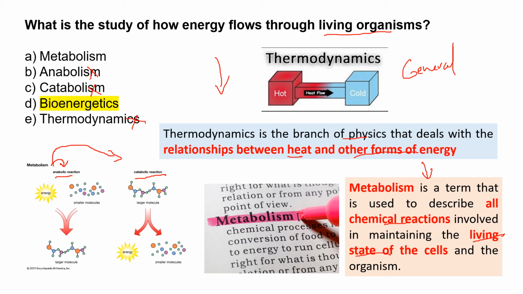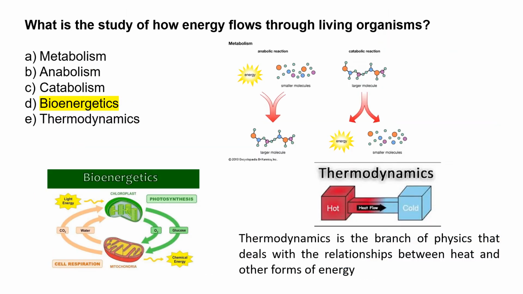However, the question asks for the study of the energy flow in living organisms. So it's the study of the metabolism, and this is the definition of bioenergetics. So it's how energy flows in biological systems. So here, this will be the answer.